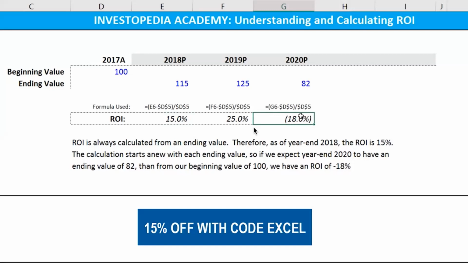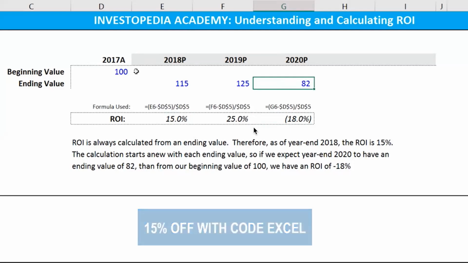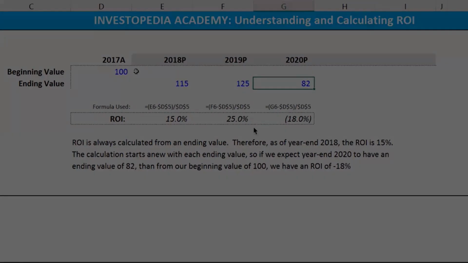Now, the big problem with this is that it doesn't consider the time value of money. It is preferable to link the returns year over year, which is effectively an annual rate of return or a compounded rate, whereas this just takes each year in static and assumes that this is an arbitrary endpoint in our calculation. But this video shows you the basics of how to calculate it, and it's quite simple to do.